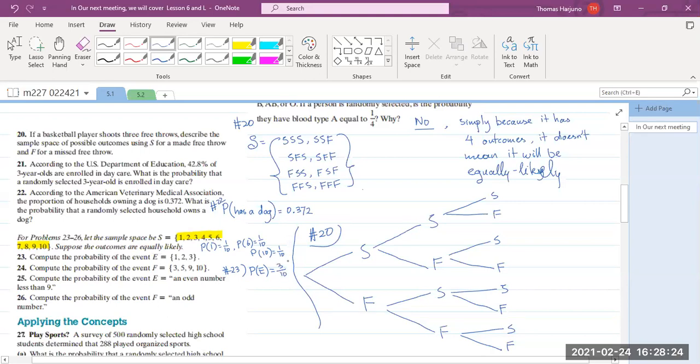Number 24, what is the probability of getting event F? That is either you get 3 or 5 or 9 or 10. There are 4 out of 10 possible outcomes, each one equally likely, so the probability will be 4 over 10.